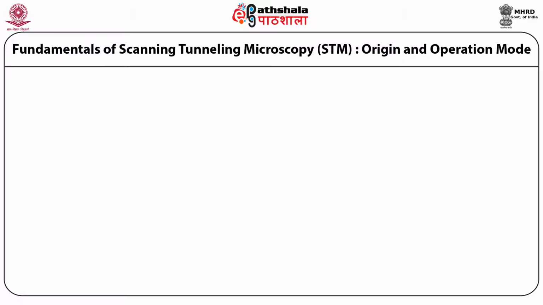Fundamentals of scanning tunneling microscopy. We had already indicated in earlier slides that this STM, called scanning tunneling microscopy, is a very important technique used in electrochemical work related to many areas.